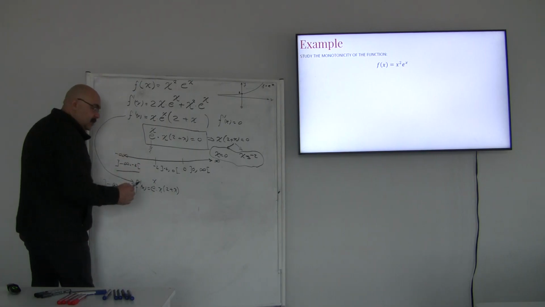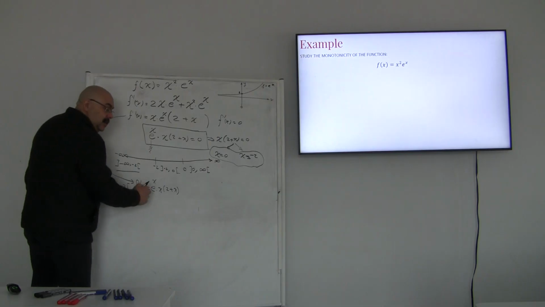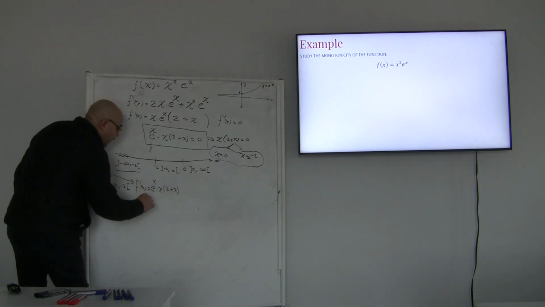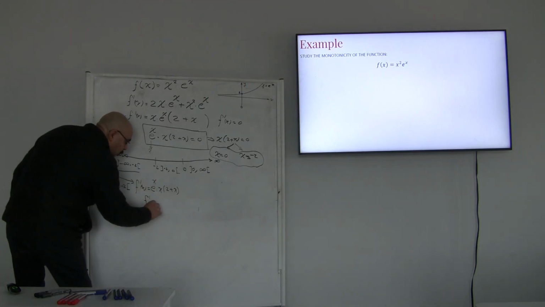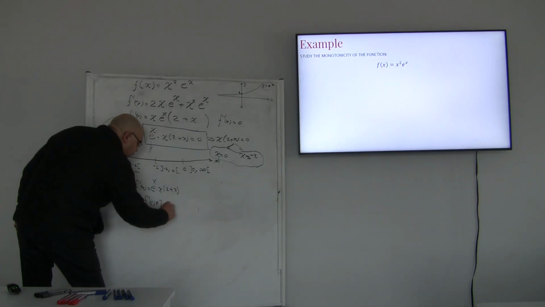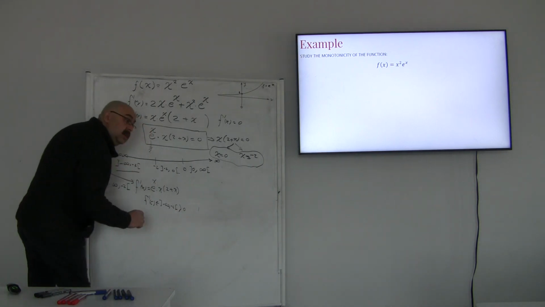If I put negative 3 here, e power negative 3 is a positive value, then here a negative value and here a negative value. Negative times negative gives positive. So f dash of any c belonging to the interval from negative infinity to negative 2 will be greater than 0.